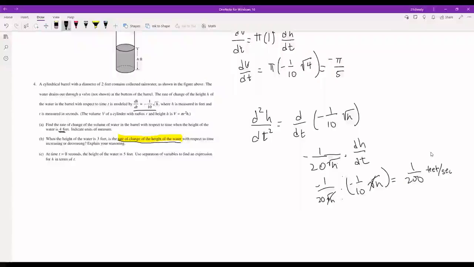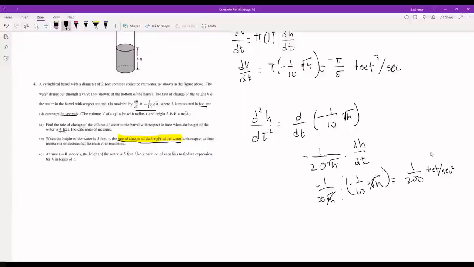per second squared. Oh, also this mentions indicate units of measure. So it's in feet per second squared, because it gives us feet and seconds. So this is just asking for increasing or decreasing.